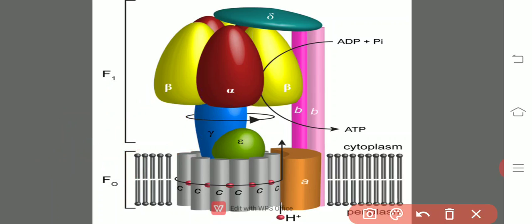If you observe the ultrastructure of F1, there are 9 subunits.